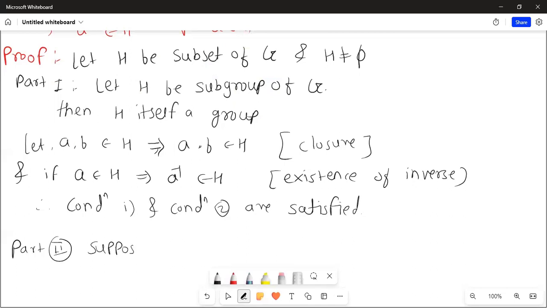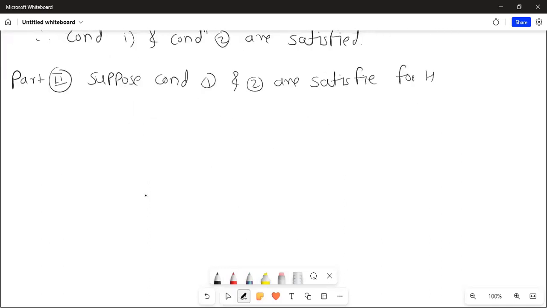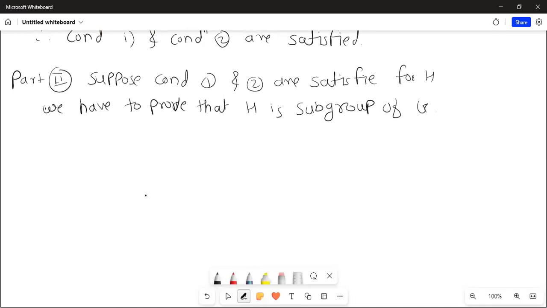Suppose condition 1 and 2 are satisfied for H, then we have to prove that H is a subgroup of G. इजी थ्योरम है, एग्जाम में पूछते हैं ये थ्योरम.